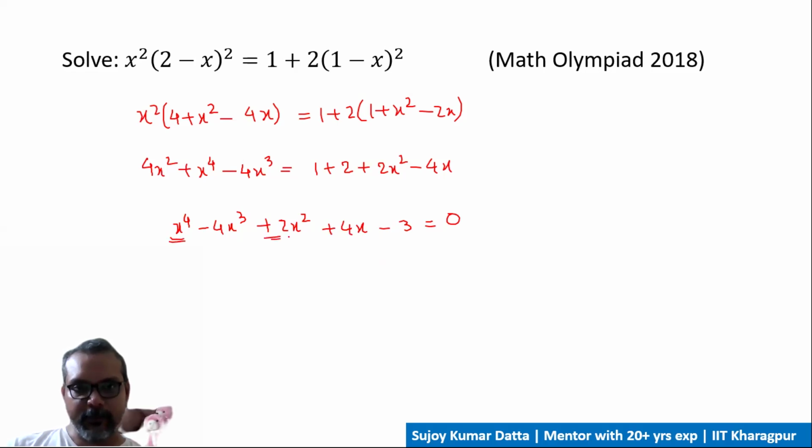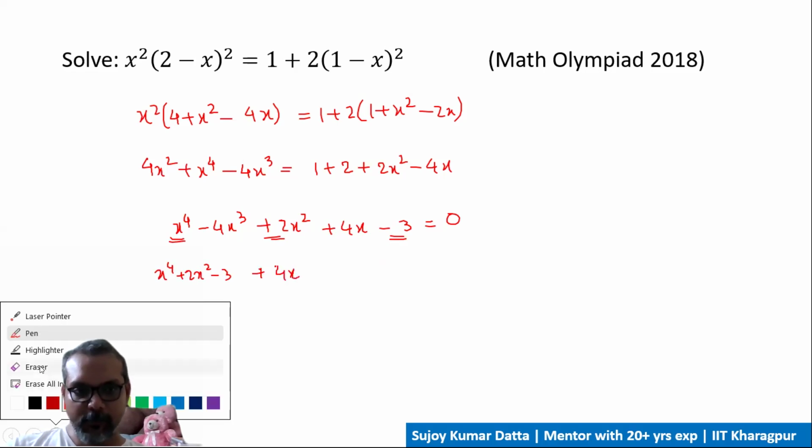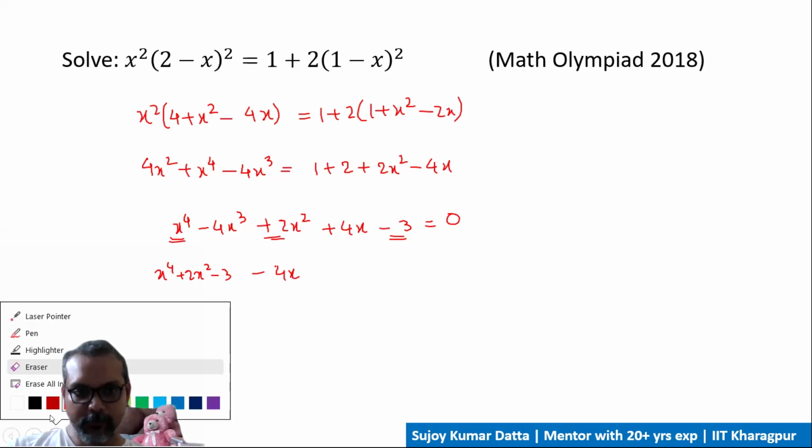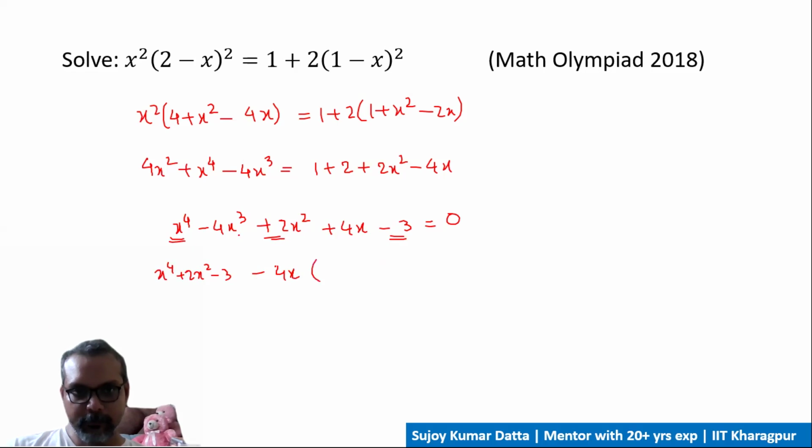So if I take out these three, and take 4x common, minus 4x common from these two, negative 4x.